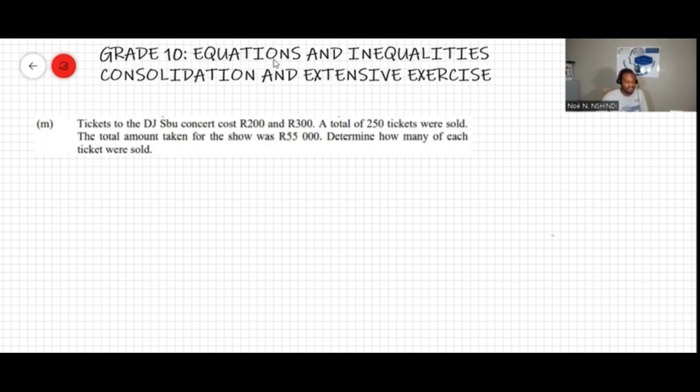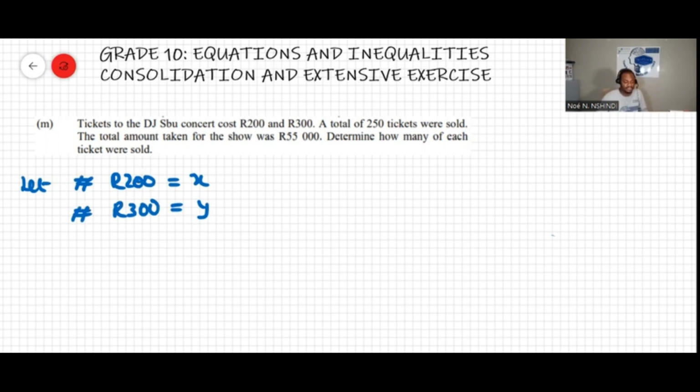Let the number of 200 Rand tickets be x and the number of 300 Rand tickets be y, because we don't know how many of each were sold exactly. So we give them variable names x and y.